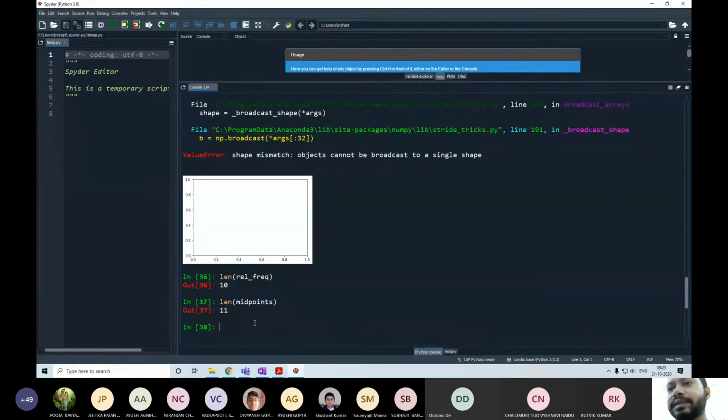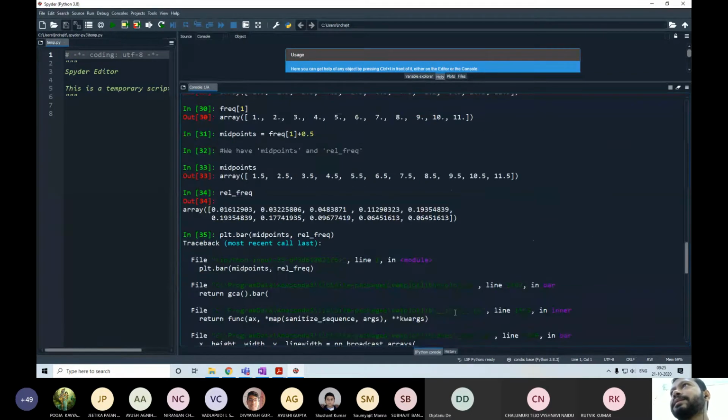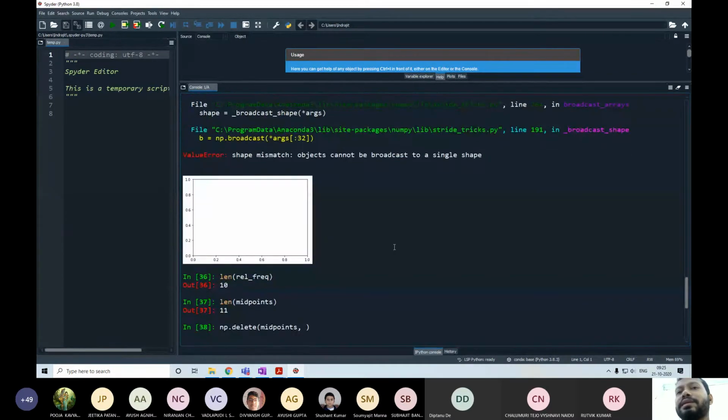So erase that. I think there is this np.delete. This 11th entry, which has index 10. Okay, so let me see if it works.